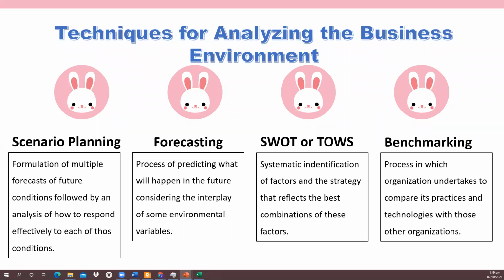So again, strengths and weaknesses are internal, while opportunities and threats are external. It is a systematic identification of the factors and strategy that reflects the best combination of these factors.